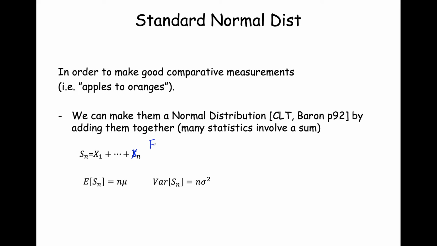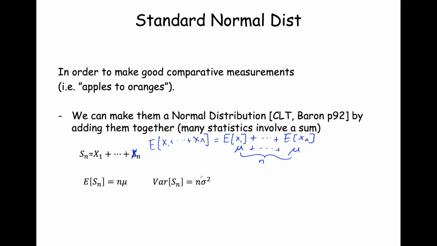And by that, I mean the expectation of X1 plus dot dot dot Xn is just equal to the expectation of X1 plus dot dot dot the expectation of Xn. Now, of course, we know from before that the expectation of a variable is just mu, its mean. So we're adding mu to itself n many times. And so that's n times mu.